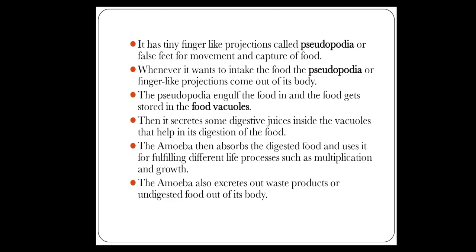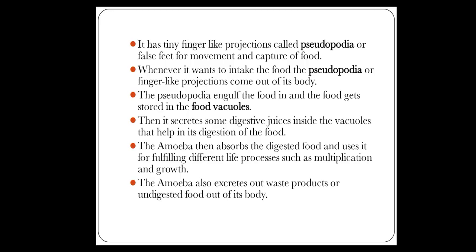The amoeba absorbs the digested food and uses it for its life processes like growth and multiplication. Like in humans and grass-eating animals, amoeba do excrete the unwanted food. Whatever the remaining undigested food is there, it is ejected out of their body. They simply leave the food and move forward.